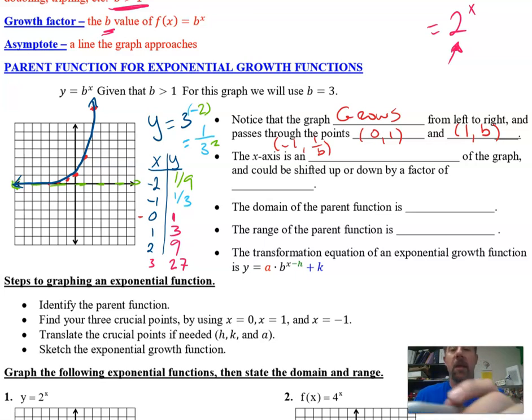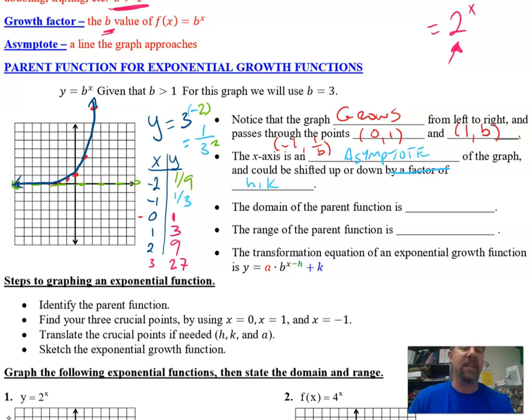Notice that the x-axis is an asymptote of our graph. It might be shifted up or down. We don't have this yet, but we will with our h and k values.